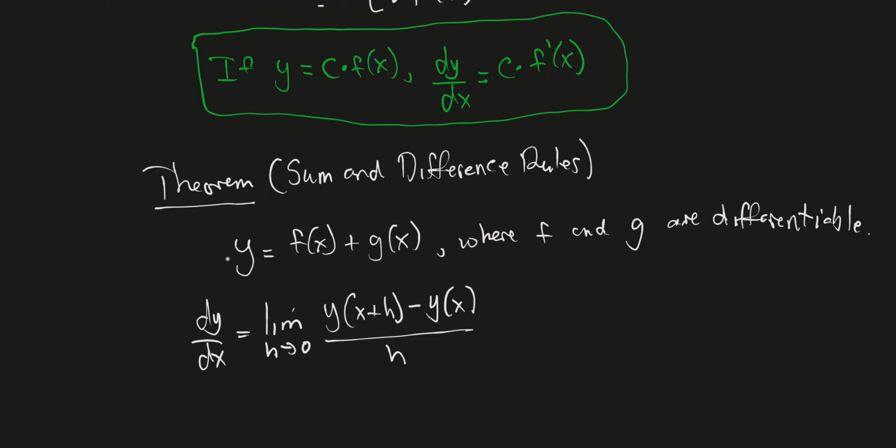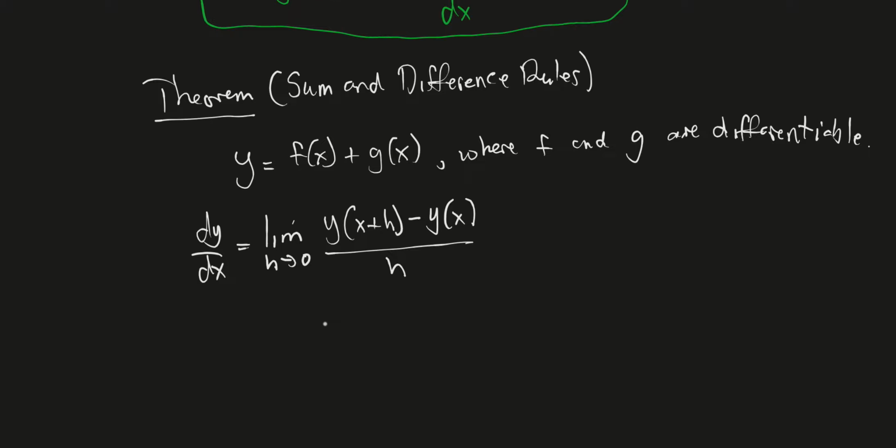When we had just one term, we could have used either one, so I just opted for the f. But now since we have not just an f but also a g, I want to represent the sum of both of these terms. I can't just say f of x plus h, because then I would just be working with this. I need to work with the entire sum, hence I'm using the y notation here. But it's still our same difference quotient.